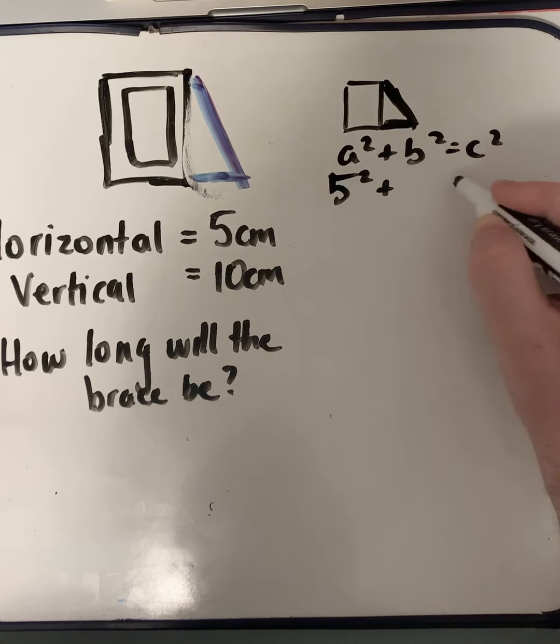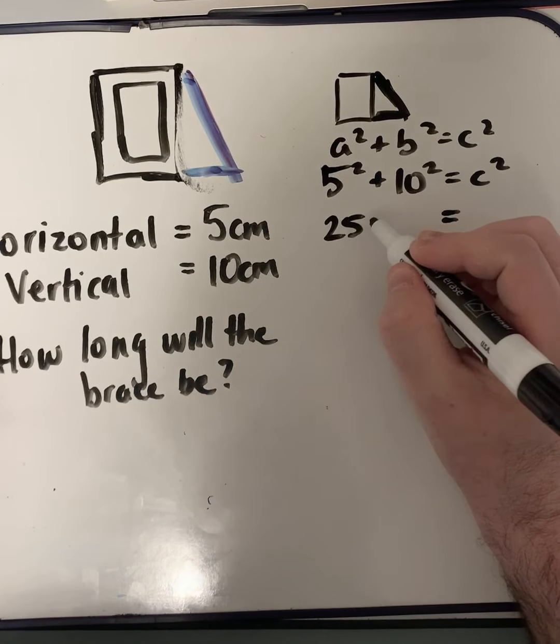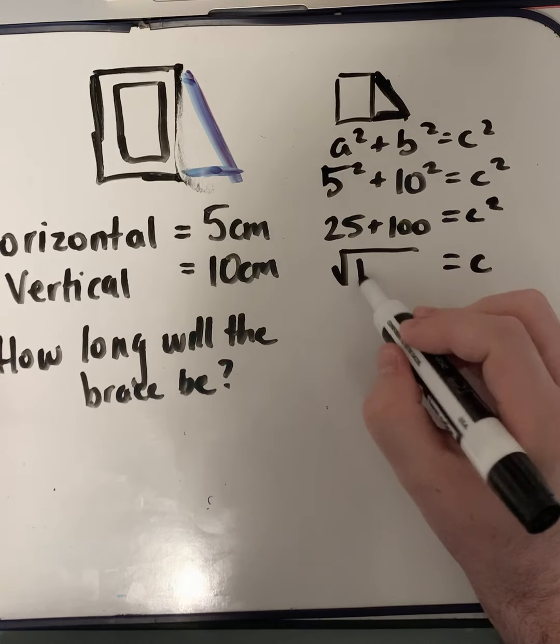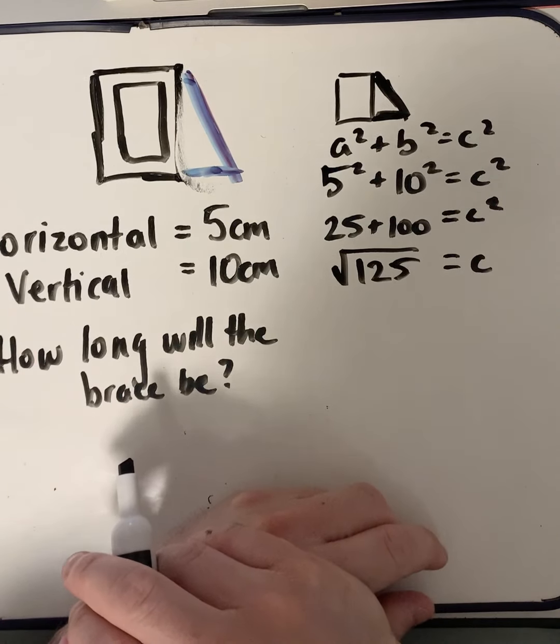And we're going to say 5 squared plus 10 squared equals c squared. 5 squared is 25 plus 100, right? 10 squared is 100, equals c squared. c equals the square root of 125.